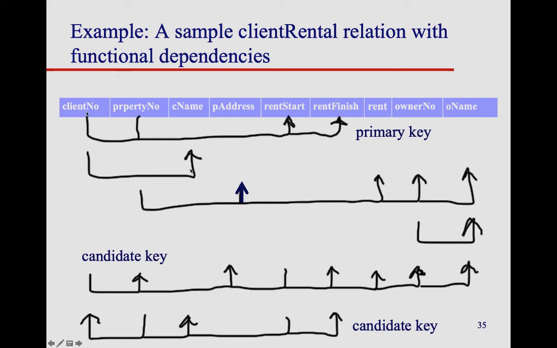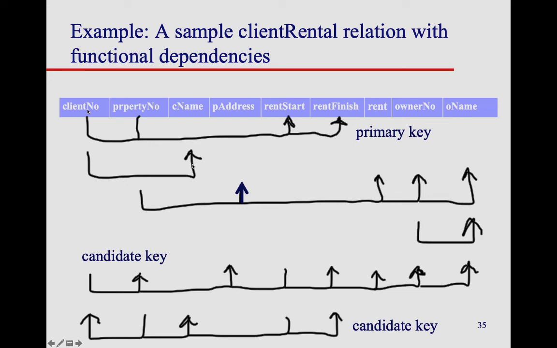Client number determines client name. Client number is a subset of client number and rent start. So if I chose client number and rent start to be my primary key, then the only dependency I would use to go to second normal form is client number determines client name.